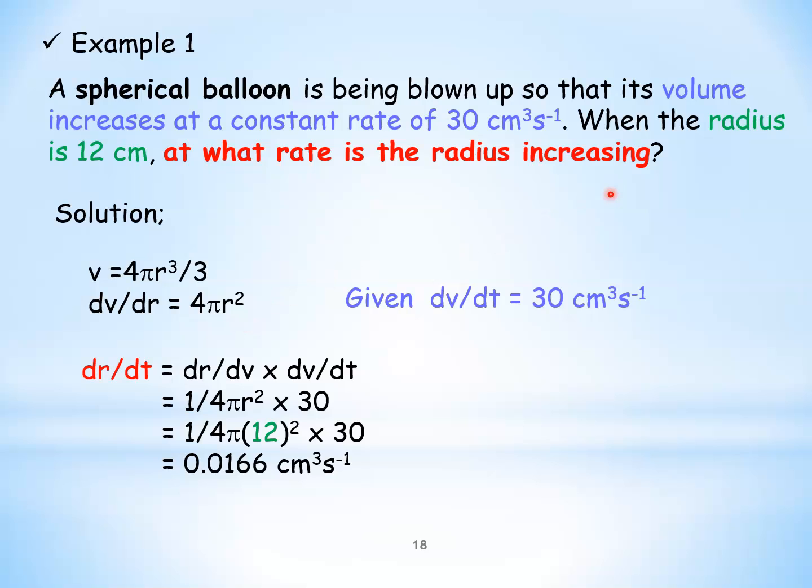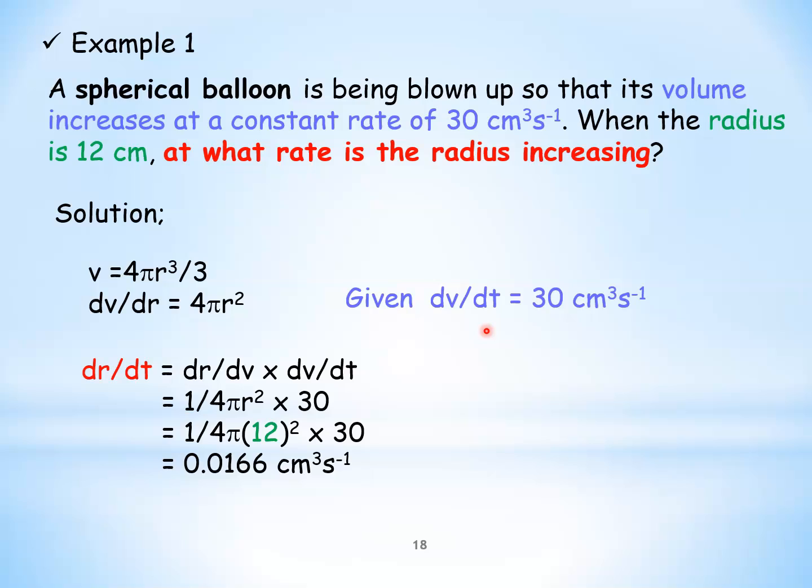Now, given that dV/dt is 30 cm³ per second, how do we know this? Here, it's given that volume increases at a constant rate. So volume V, constant rate means dV/dt is this. So now you have dV/dr and dV/dt.